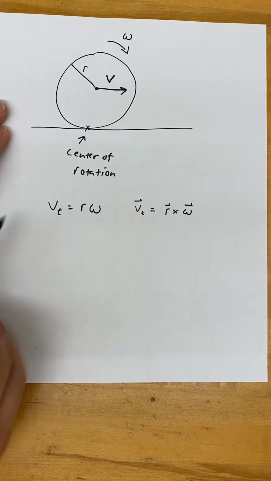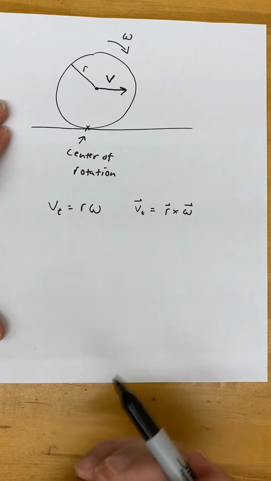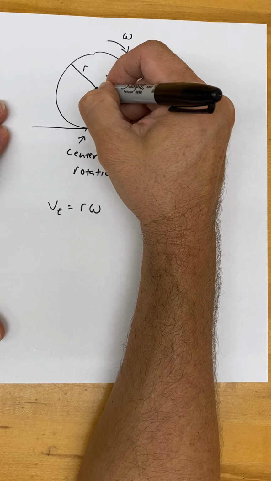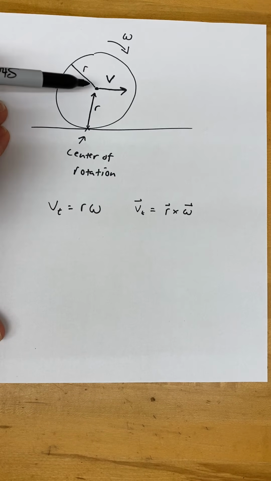For this case, if the center of rotation is here and I pick there to evaluate this system about, r points from here, there. That's r. And as it turns out, this is the same as the radius of the circle.